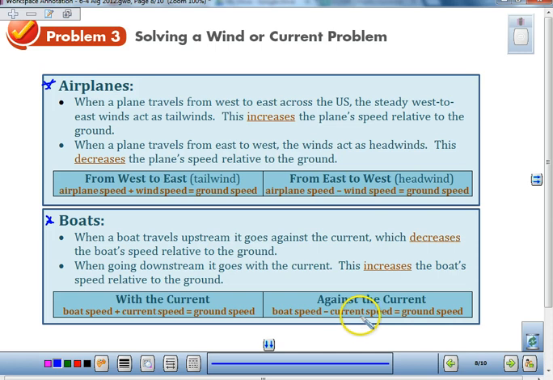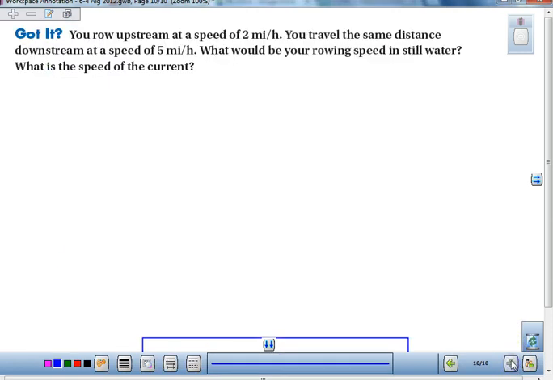Boat speed minus current is equal to the ground speed. So remember, what they're telling you is your ground speed. So think about your equations, the boat plus the current and the boat minus the current, and look at those two. You should write your equations, solve it, and then we will be checking your answer in class.